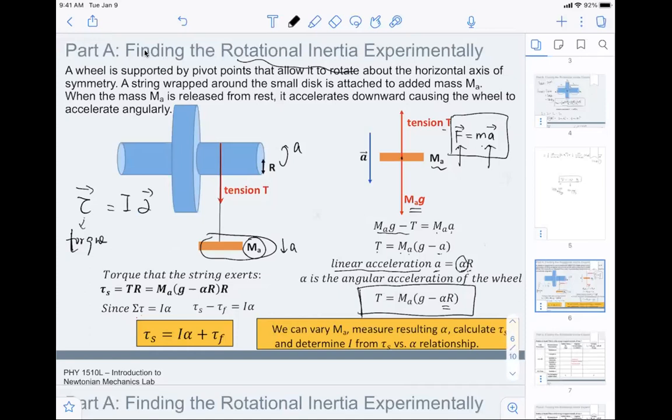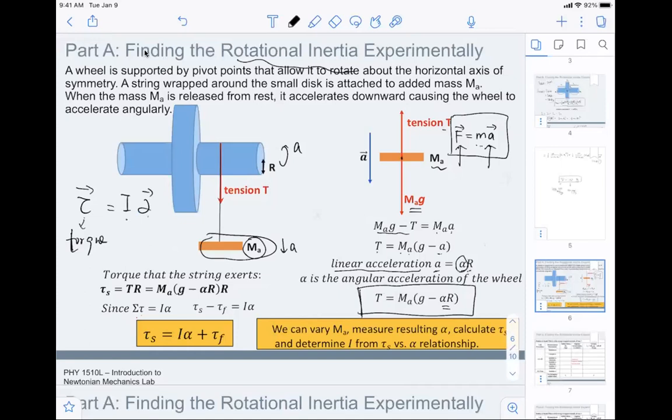Force becomes torque, a becomes alpha, and mass becomes I. So I tells you how hard it is to rotate this thing, just like mass tells how hard it is to accelerate some object. So torque equals I alpha is what we call Newton's second law for rotation, okay?